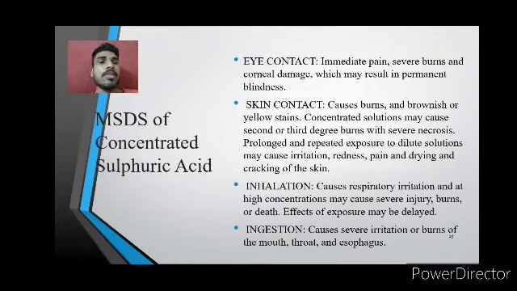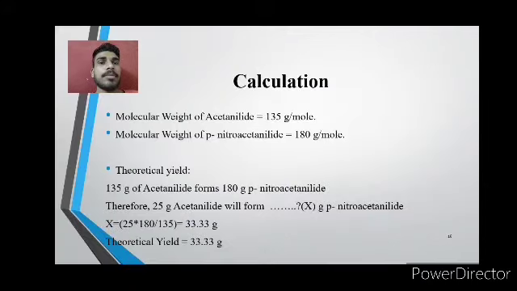Inhalation causes respiratory irritation and at high concentration may cause severe injury, burns or death. The effect of exposure may be delayed. Ingestion causes severe irritation or burns of the mouth, throat and esophagus. So when concentrated sulfuric acid comes in contact with the skin, wash the skin with tap water or running water and allow it to settle down for some time.